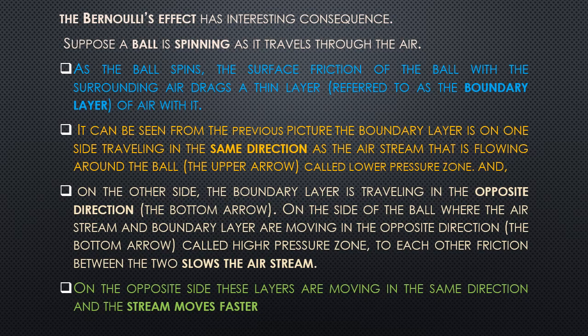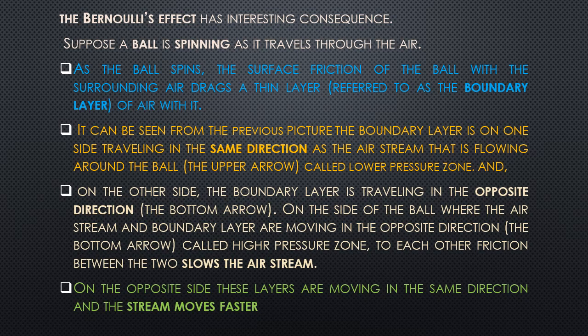The upper arrow is called the lower pressure zone as shown in the picture, and on the other side the boundary layer is traveling in the opposite direction. The bottom arrow, on the side of the ball where the airstream and the boundary layer are moving in opposite directions, is called the higher pressure zone.